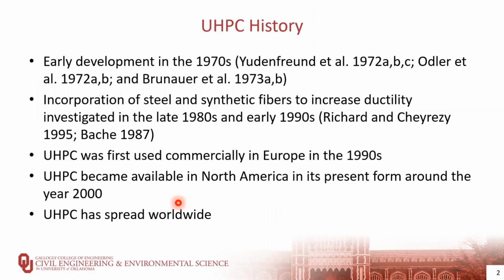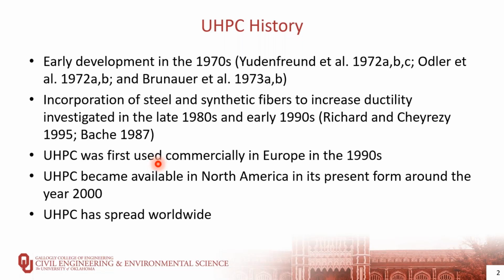So just to give a little history on UHPC, early development of a UHPC type material began in the 1970s, looking at high strength mortars and optimized particle gradations to give very high strength matrices for the material. And then in the 1980s and early 1990s, there was examination of incorporating steel fibers and synthetic fibers to increase the ductility of that matrix.